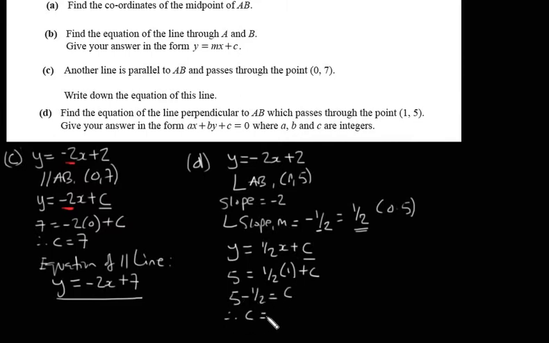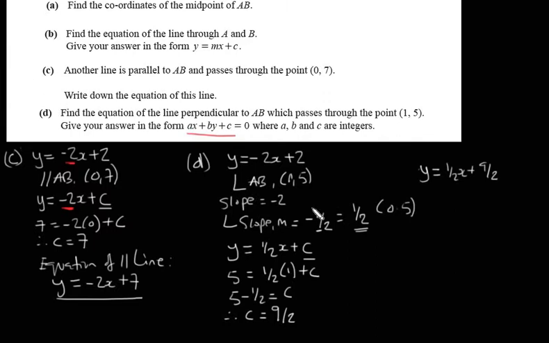Therefore c is equal to 9/2. Hence we get the equation y is equal to half x plus 9/2. We need to give the answer in the form ax plus by plus c.